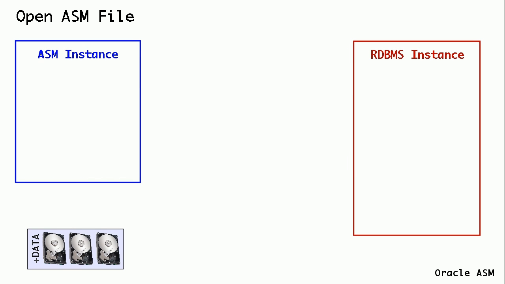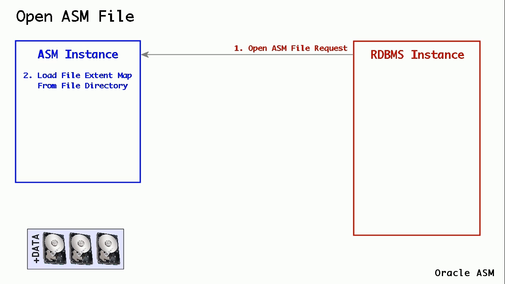Now, let us understand how Oracle Database opens an ASM file. When Oracle Database Instance wants to open an ASM file, it sends open ASM file request to Oracle ASM Instance. ASM Instance loads file extend map for the file from file directory into its memory SGA.